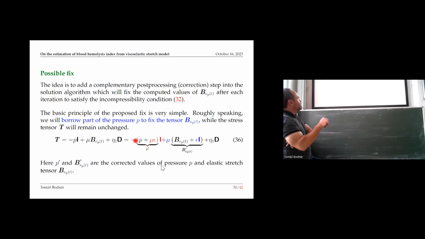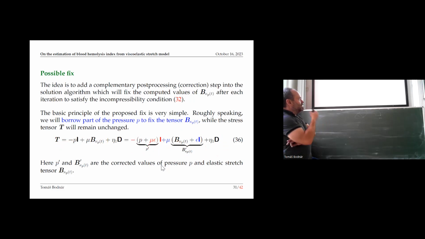The advantage is that, as you can see here from this expansion, you are not really changing the total stress. So it has no immediate effect on your velocity field, but it will allow you to fix your stretch tensor and to preserve the determinant equal to 1.